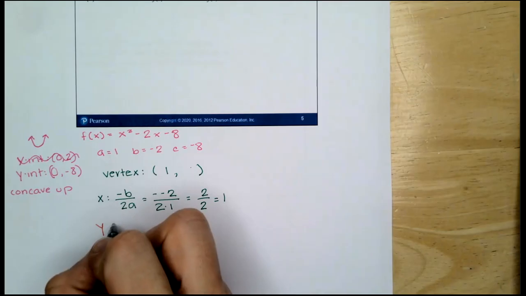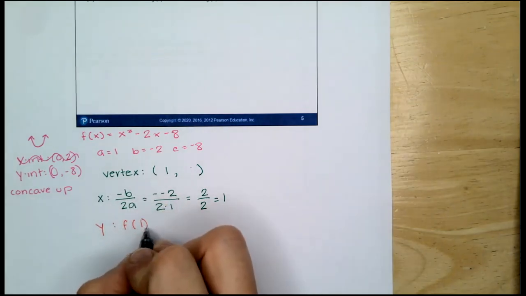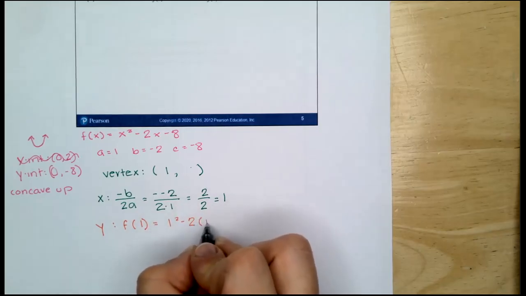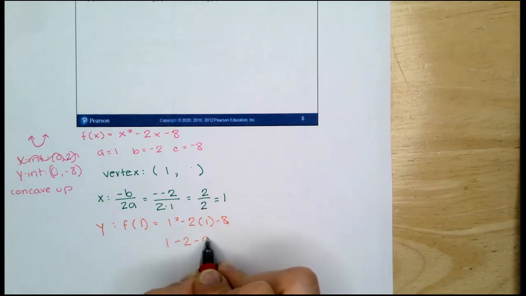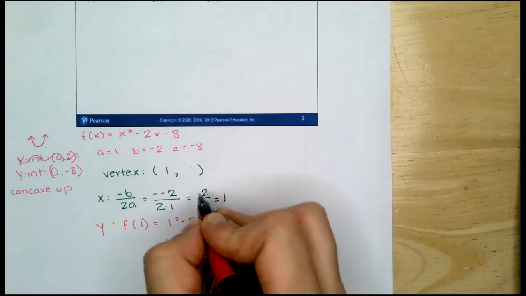The y is the f of negative b over 2a, or the f of 1 is 1 squared minus 2 times 1 minus 8. 1 minus 2 minus 8. 1 minus 2 is a negative 1, minus 8 is negative 9.